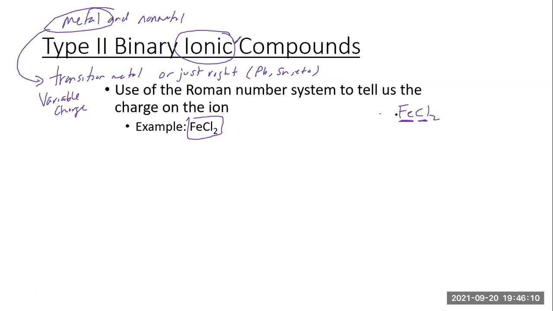The location of this iron, which is, again, if you look in the periodic table, right there in the transition metal region, tells us it's a type 2, which basically tells us it has a variable charge. So how do we go about doing this?